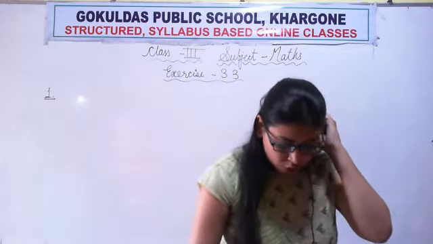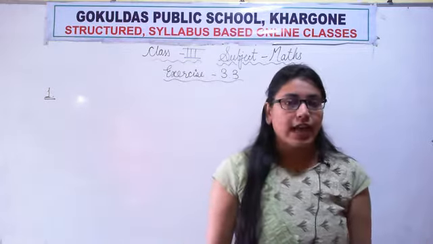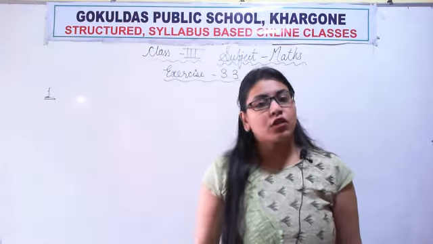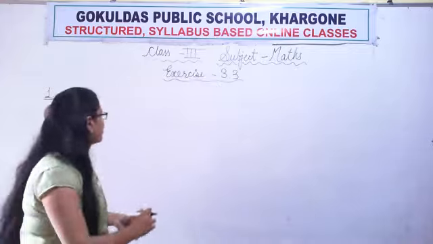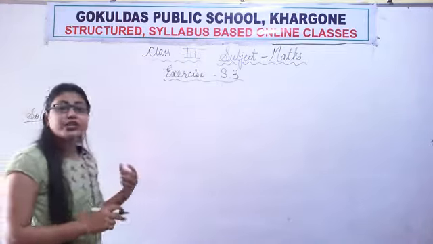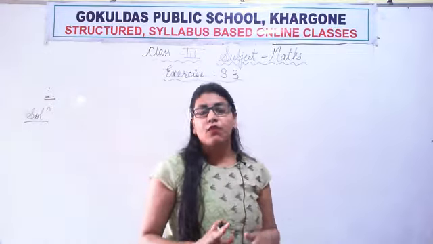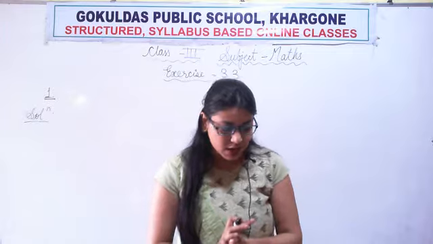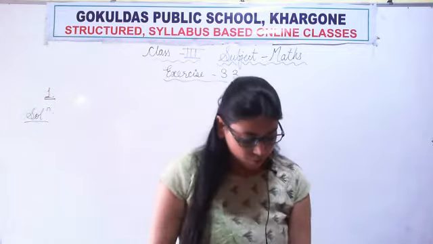You have to note down the word problem in your classwork copy. Noting down the word problem is necessary. Okay, so solution. Now first of all we will write the given information. Whatever information is given in the question, we'll write it first.